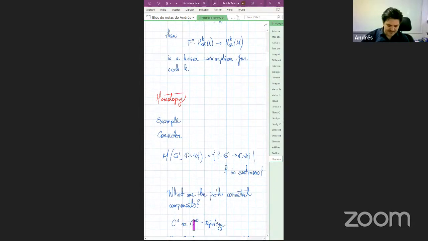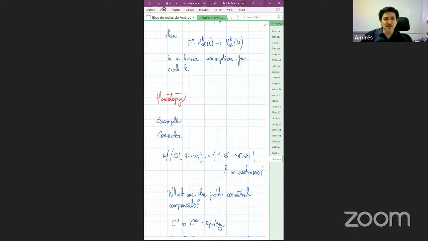So here I put this, but remember that for the C infinity topology, we require this to be C infinity maps. But with the C0 topology or the compact open topology, that's enough.